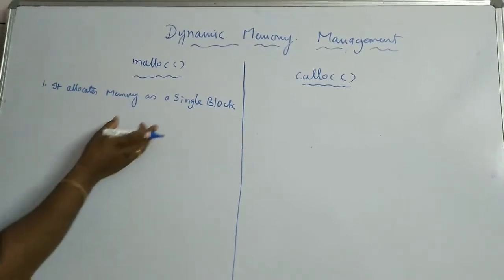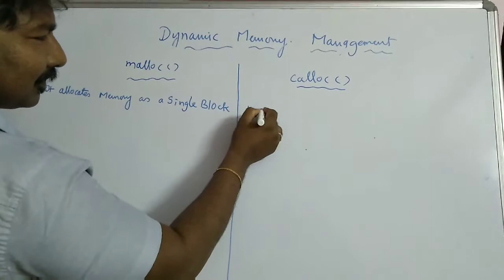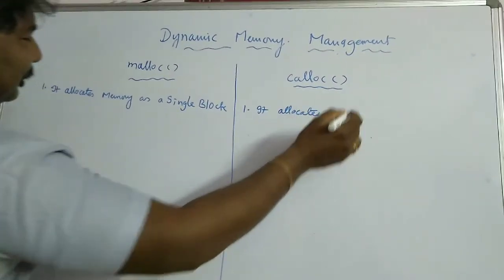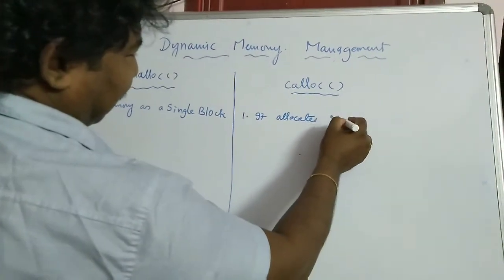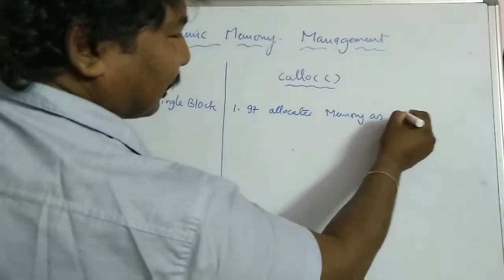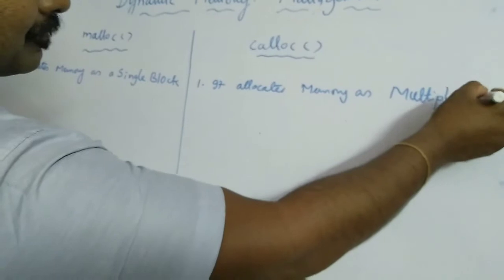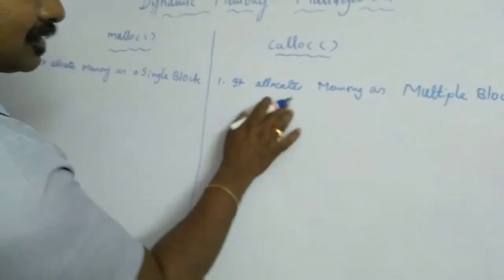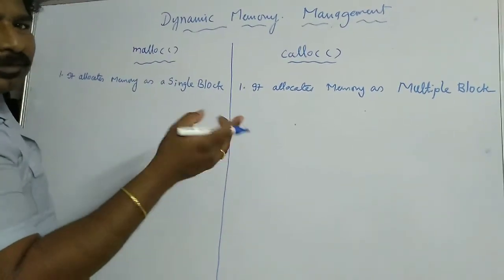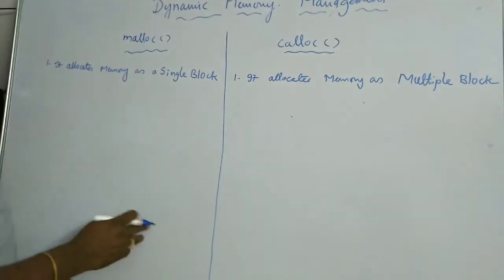It allocates a specified amount of space as a single block, whereas calloc allocates memory as multiple blocks. Okay friends, in calloc the specified amount of space will be reserved as multiple blocks, and all those blocks are interconnected, and it returns the starting address.